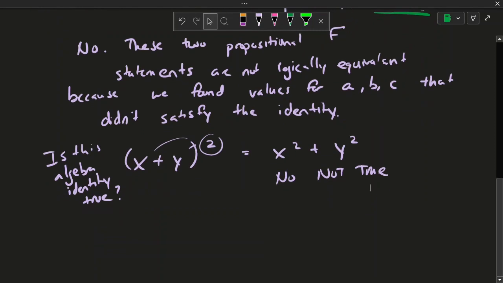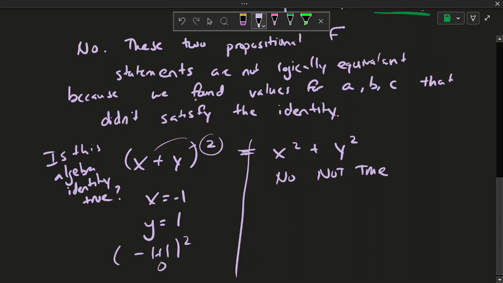Here's your example. I'm going to find variables x and y that make this identity not equal. For example, x equals -1 and y equals 1. Then on the left-hand side, I have (-1 plus 1) squared. That's 0 squared, and that's 0. On the other hand, on the right-hand side, I have (-1) squared plus 1 squared.